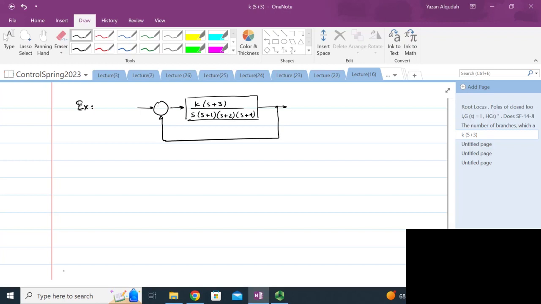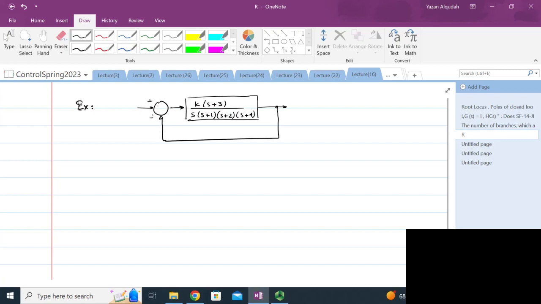Okay, so we have this system. And I want to see how the asymptotes of this system look like. And we'll explain what the asymptote means. Anyway, we do not even know what asymptotes are. Anybody knows what asymptotes mean? So some of you might not even know what we mean by asymptotes.